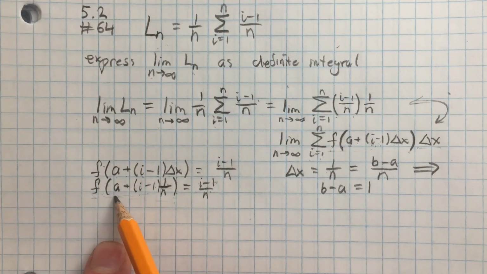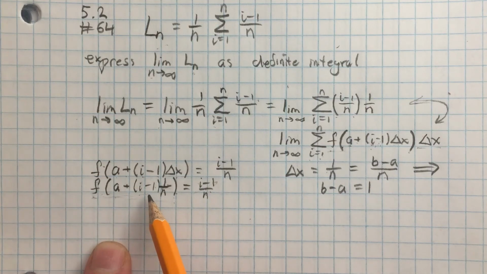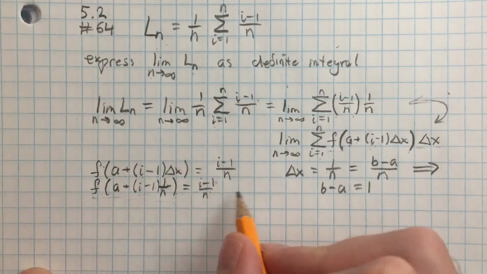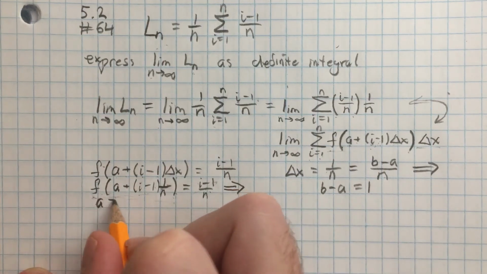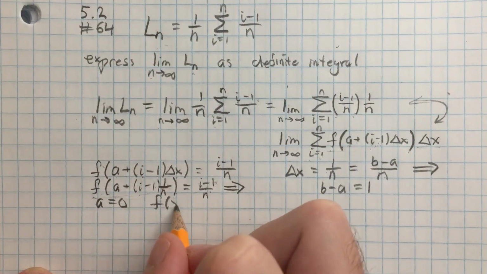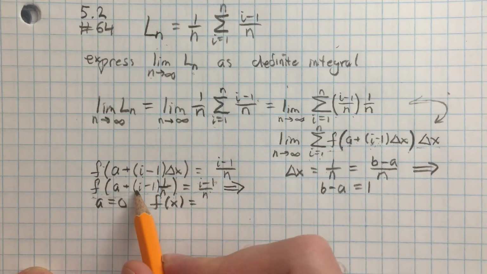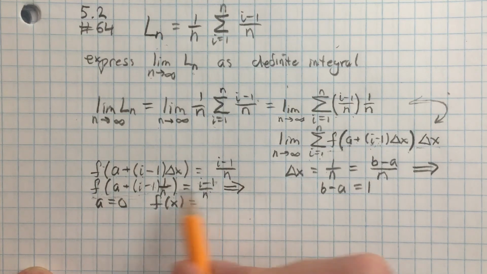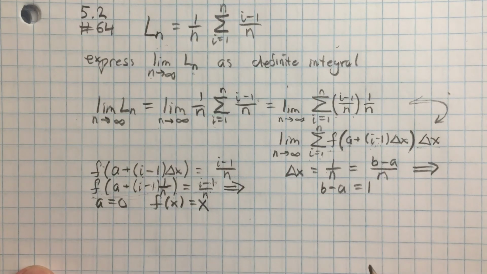It must be that a is 0, and the function must do nothing to the input. Okay? So this implies to me, it may be totally obvious at first, that a is 0, and the function which does nothing to its input, right? That if it receives in (i minus 1) on n, it puts out (i minus 1) on n. What function would do that?